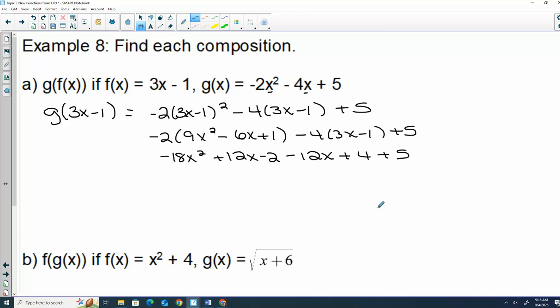And then just combining like terms. Positive and negative 12x cancel. Negative 2 plus 4 plus 5 is positive 7. We get negative 18x squared plus 7. So just make sure if you have multiple x's, all of them are getting replaced by what you are plugging into your function.